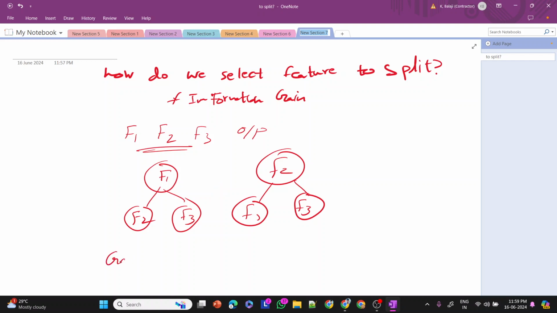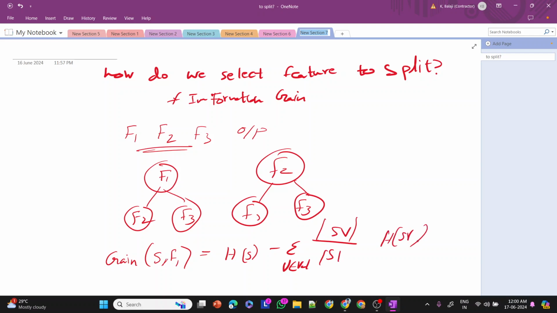How do we compute the gain? To compute gain, we have a formula: H(S) minus the summation over v belonging to values of |Sv|/|S| times H(Sv).